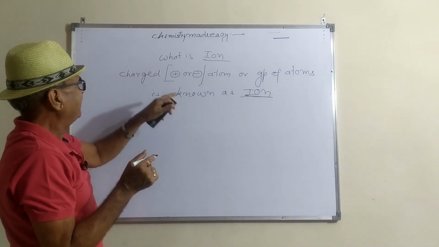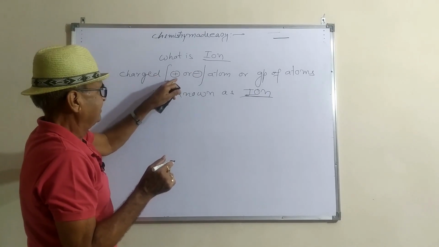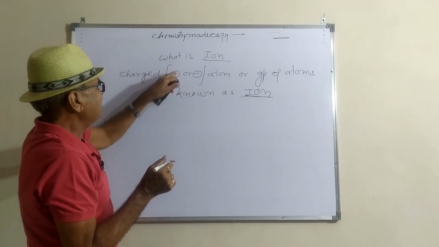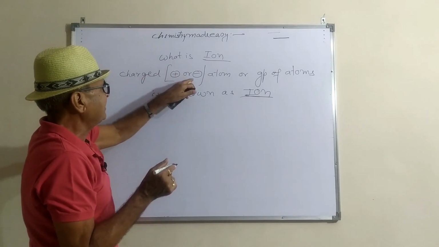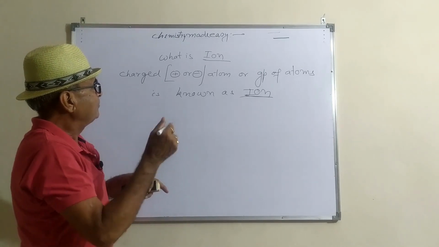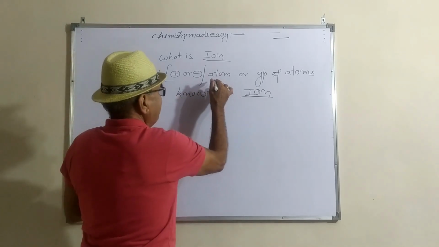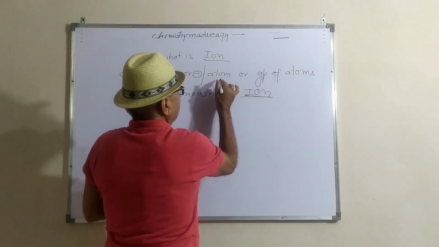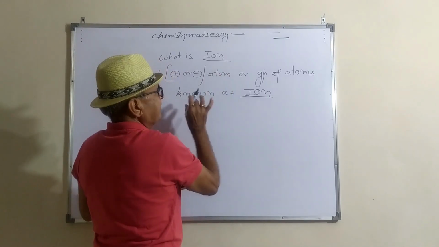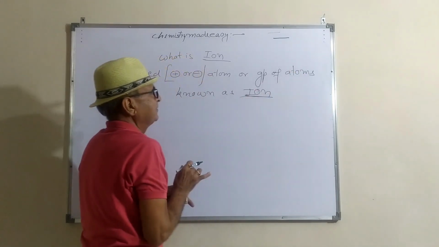This definition tells us the ions are of two types, positive and negative. And in the second way, the ions are of two types: one made of a single atom, and the other made of more than one atom.